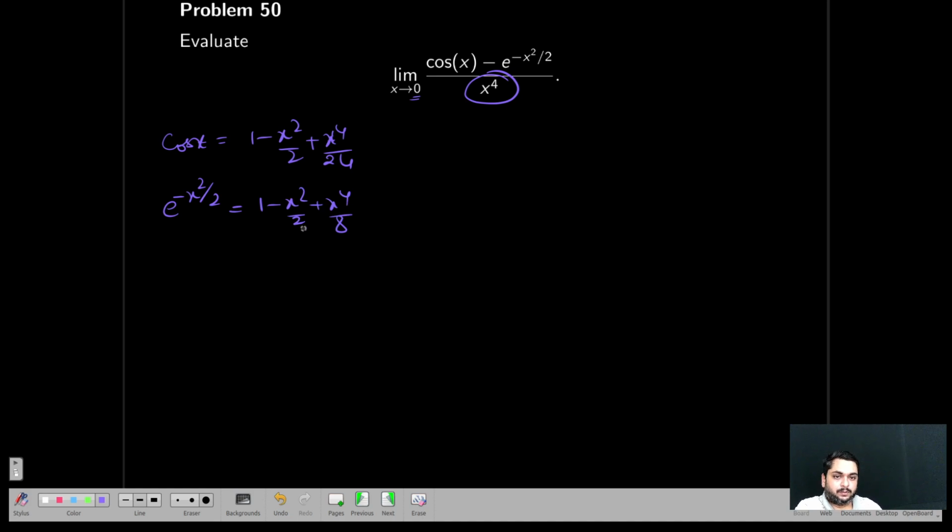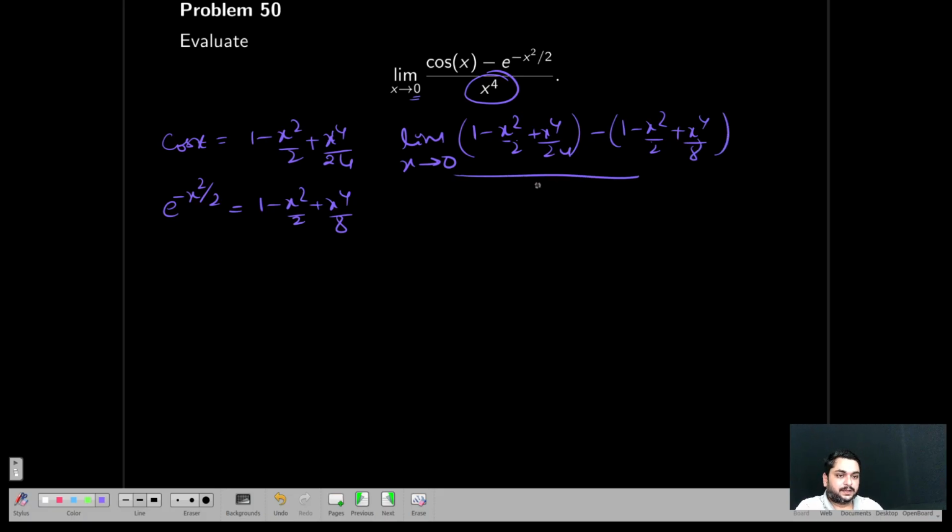Now you just substitute here, limit x tending to 0 of 1 minus x square by 2 plus x power 4 by 24 minus 1 minus x square by 2 plus x power 4 by 8 divided by x power 4. So this gets cancelled. This is nothing but limit x tending to 0 of x power 4 divided by 24 minus x power 4 by 8 divided by x power 4. So I can cancel x power 4 and I will get minus 1 by 12.